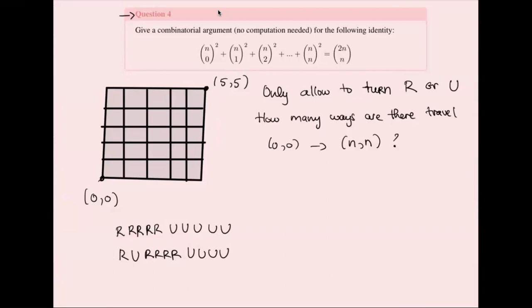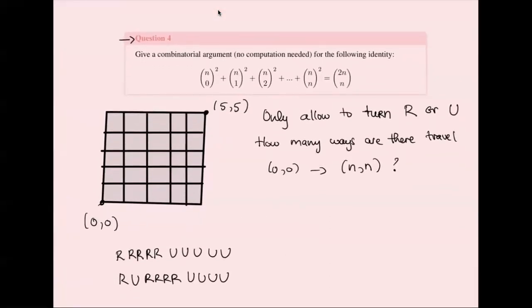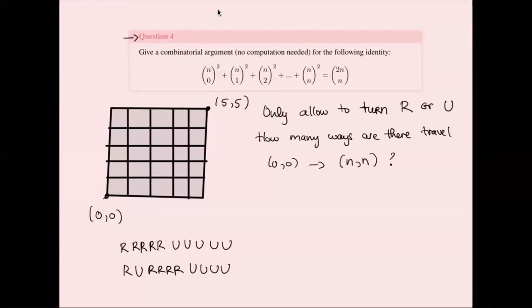So maybe I will give you 5 minutes to think about this. I suggest you start from the right-hand side. You should show at the right-hand side, count the number of ways that you can go from 0, 0 up to (N, N). And then after that, if you figure out the right-hand side, you can move on to the left-hand side, showing that the left-hand side also counts the number of ways to go from 0, 0 to (N, N).